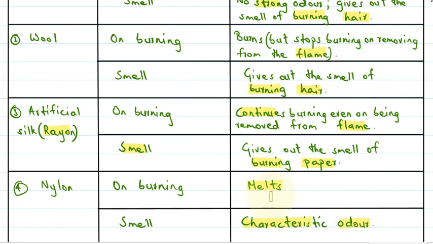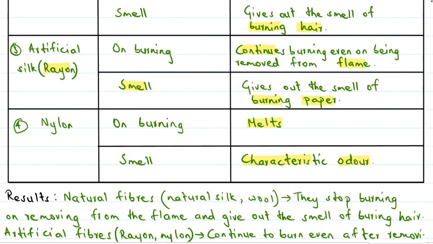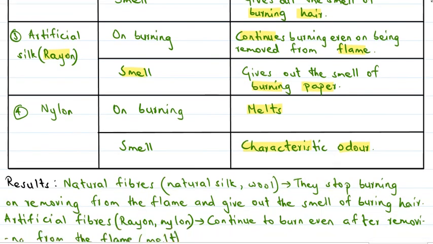So in case of artificial fibers, that is rayon and nylon, we can see that they either melt completely or they continue burning even on being removed from the flame, and they have a characteristic strong odor, that is rayon has the smell of burning paper whereas nylon has a characteristic odor.